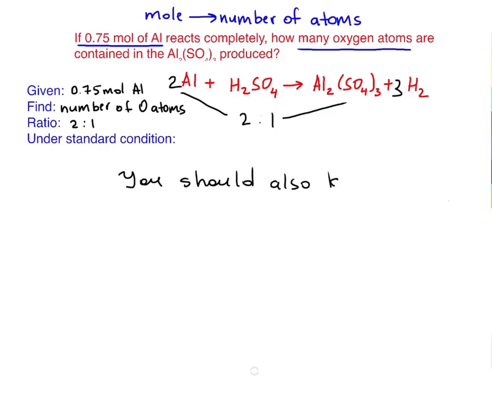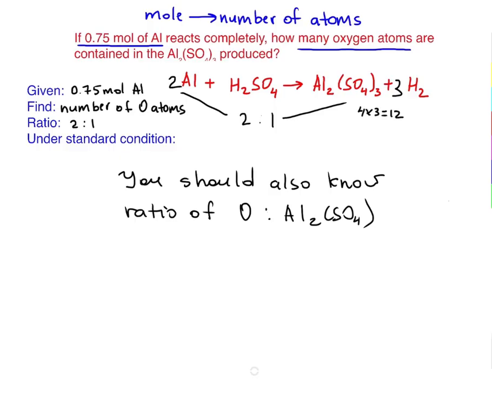So here I wrote it down. You should also know the ratio of just the oxygen atoms inside this aluminum sulfate, Al2(SO4)3. What is the ratio? How many moles of oxygen does this whole molecule contain?